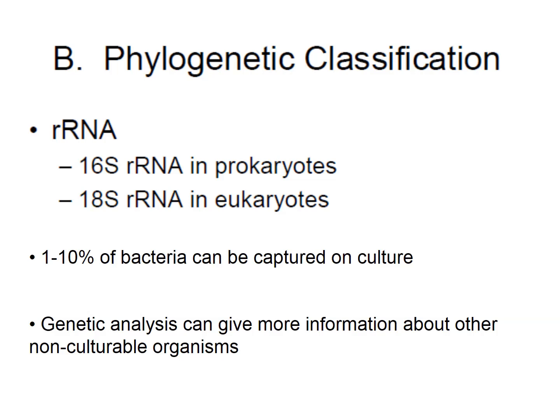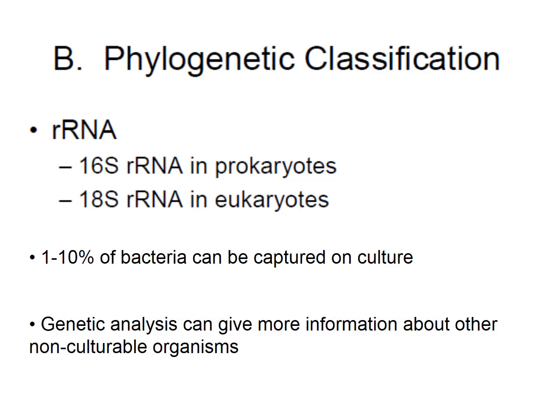The development of the phylogenetic classification was very helpful, since only 1 to 10% of bacteria in the soil can be captured in culture. So about 90% or more of the soil microorganisms and soil bacteria are often non-culturable.